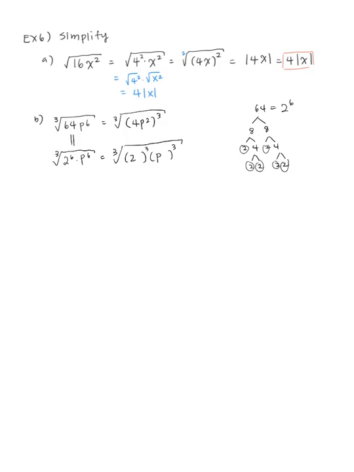Alright, so what can we insert in there? Well, it looks like 2 times 3 gives us 6. So what's going to happen is, since cube root and power of 3 match up, what's left of it is just 2 squared times p squared, which is going to give us 4p squared for the answer.